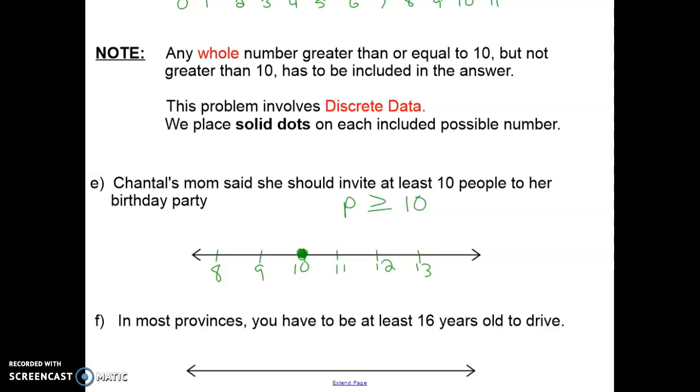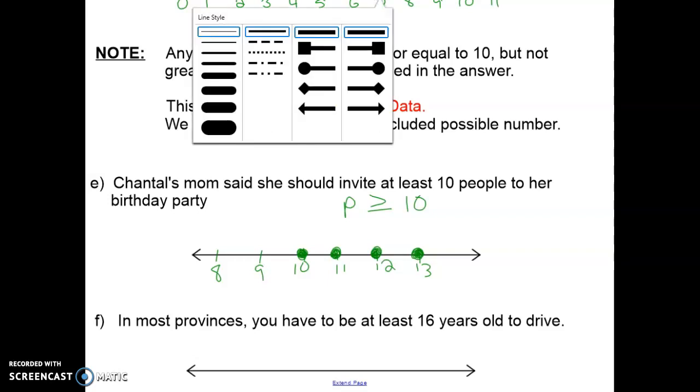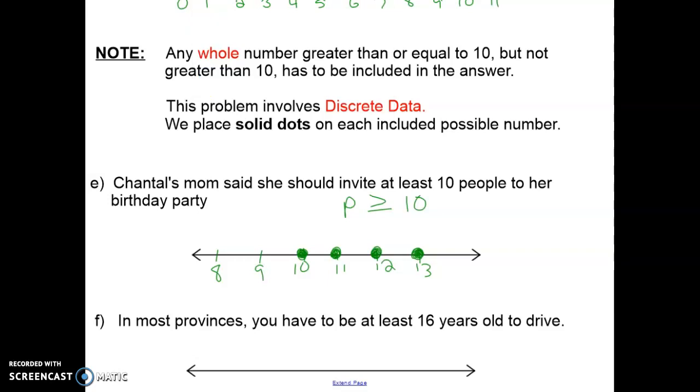No. So we have to put a dot on 11, and a dot on 12, and a dot on 13, and so on. Now, her mom didn't specify a maximum number of people that she could invite, so, brave mom that she is, we can shade the rest of the way and know that this pattern continues.